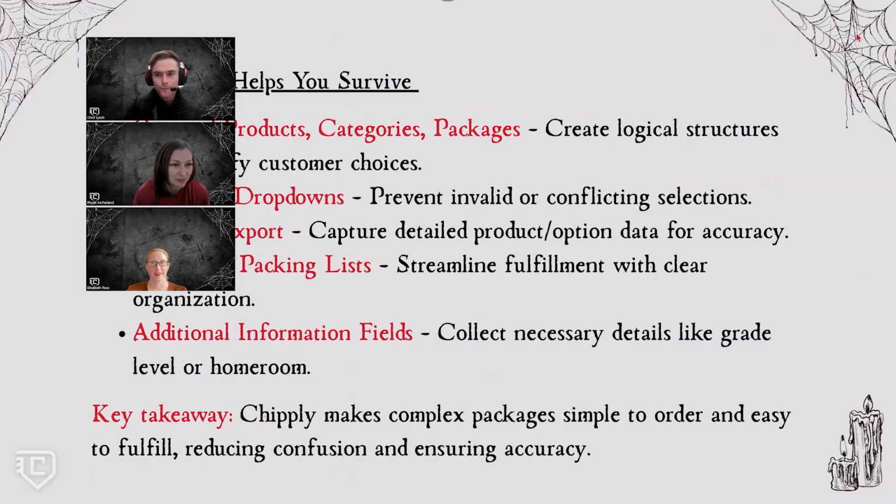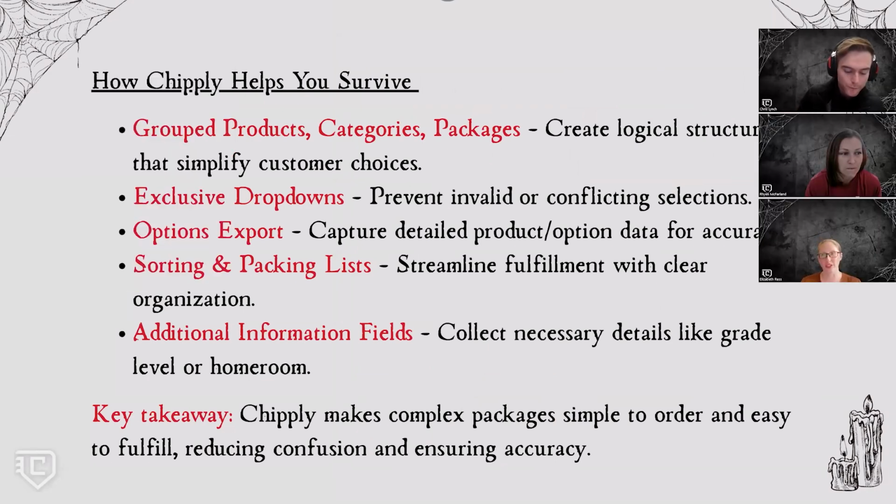Yeah, and here's where you can especially tell that Chipley was originally built by team dealers, because this is all very familiar and we have things that support those functions. So group products, categories, and packages help eliminate the manual error from your shoppers. So being able to make different selections and see really clearly, do I have everything I need?